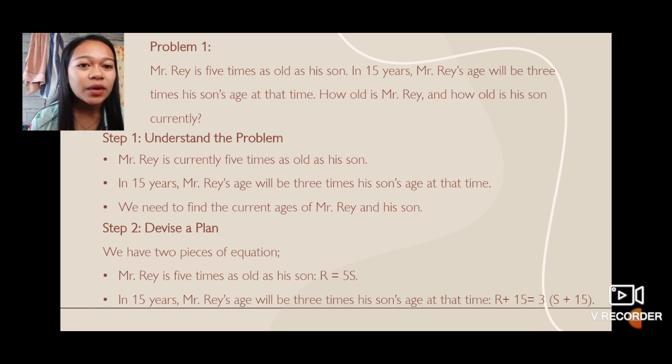Then the next equation is, in 15 years, Mr. Ray's age will be 3 times his son's age at that time. So our equation is R plus 15, since in 15 years, that is why R plus 15, equals 3 times the quantity S plus 15.